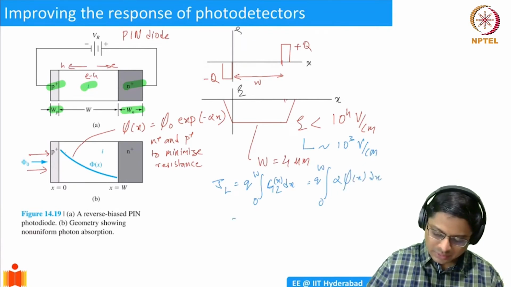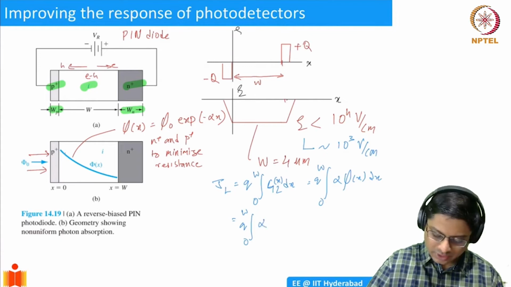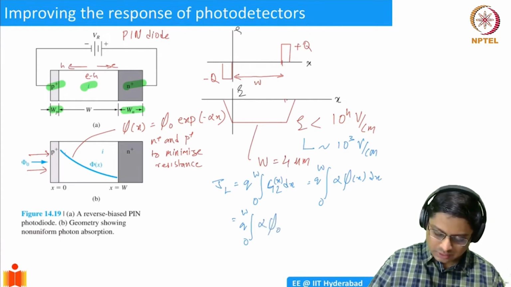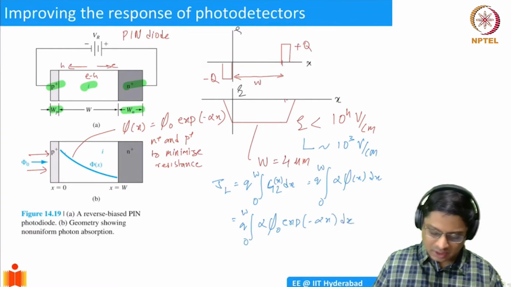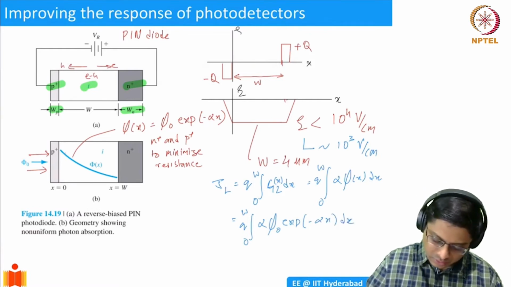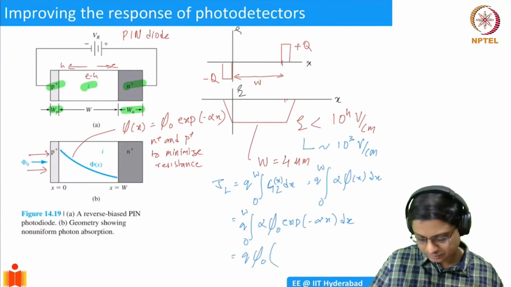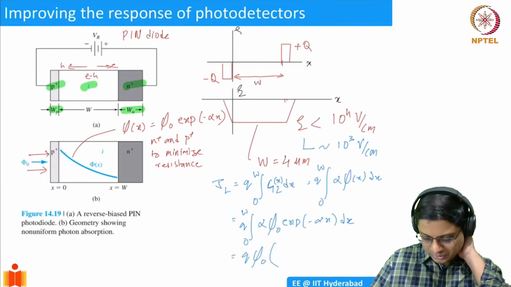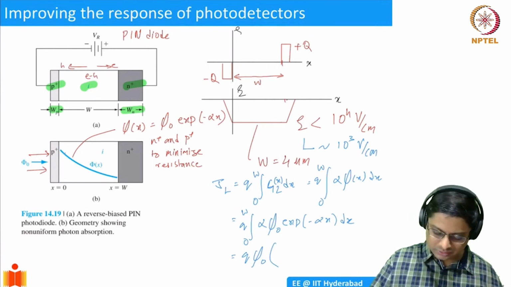So this is going to be equal to Q, integral from 0 to width, alpha times, I can put phi naught again, phi naught exponential minus alpha x dx. And so this is going to be equal to Q times phi naught times, it's an integration, so 0 to W. When it is 0, it is going to be exponential of 0, which is 1.